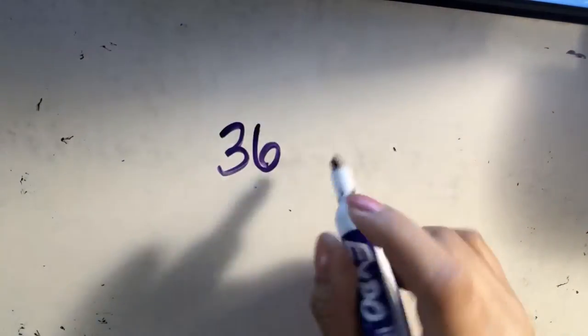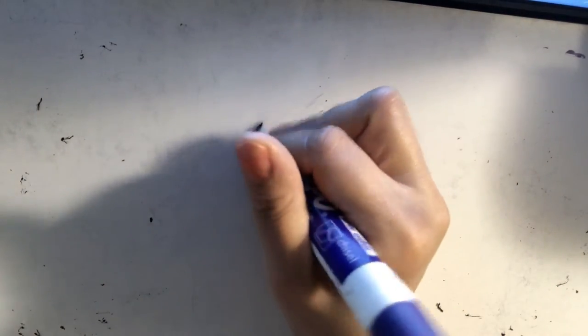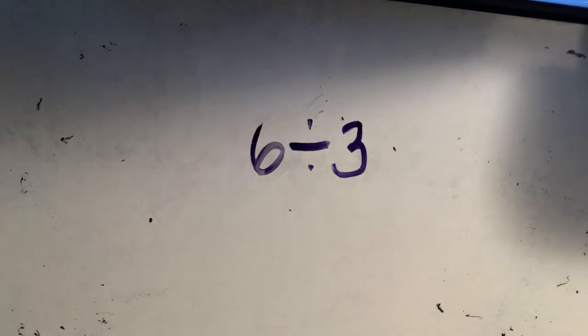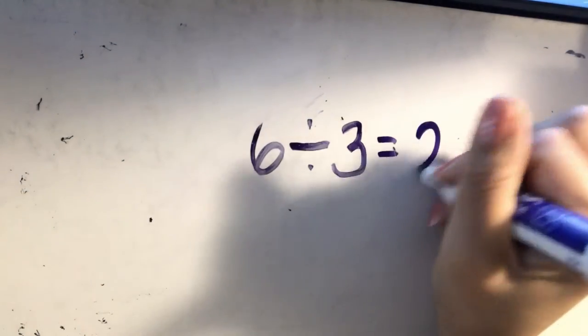What I mean by that is, let's do an easy one. Let's do 6 divided by 3. If we have 6 divided by 3, that would be 2, right?